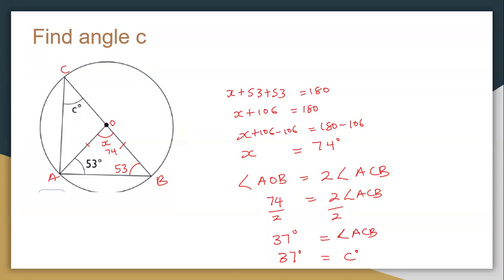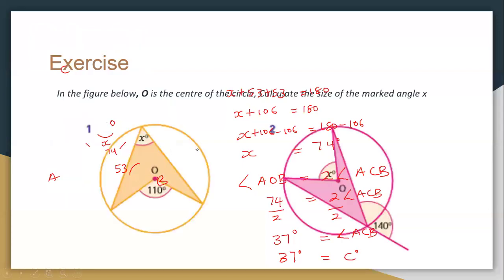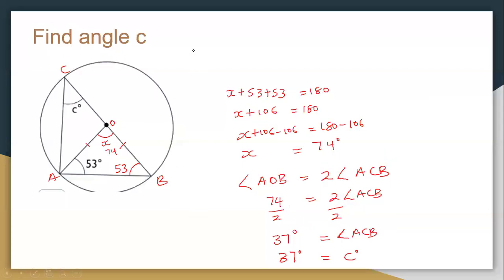But always first identify what forms the central angle, and then look out for the subtended angle. Sometimes they can give you C and they want you to find the angle here. So you must be able to do that.